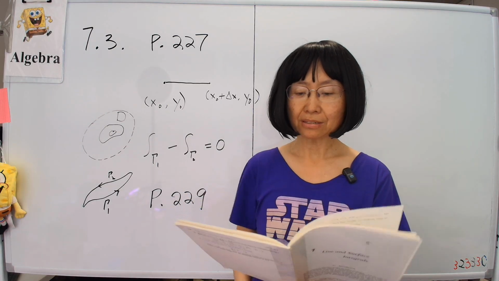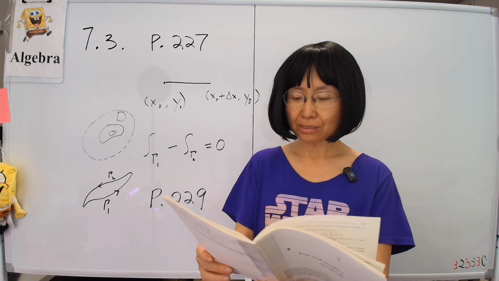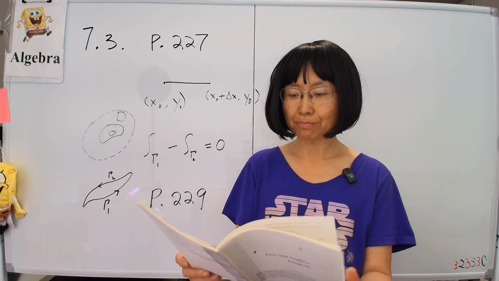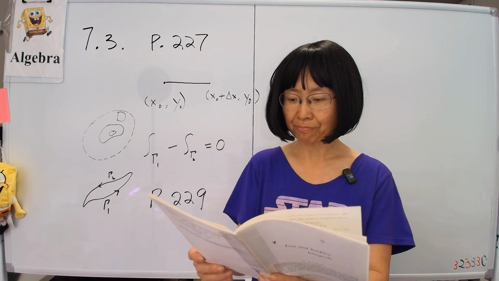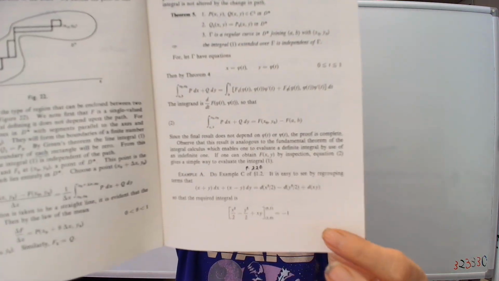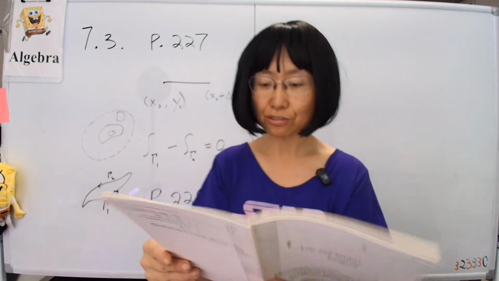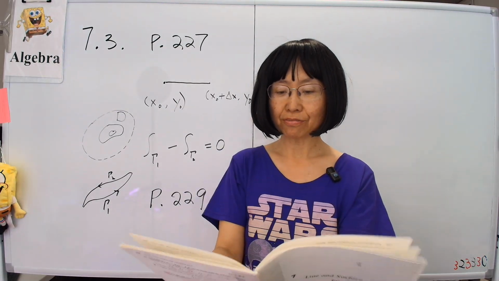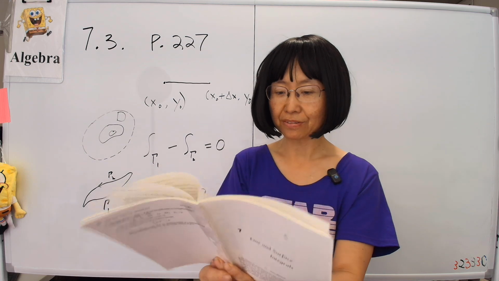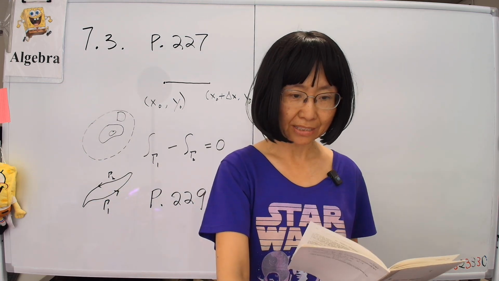Now please look at example A, where we redo example C on page 220. Please do this yourself. This is a demonstration of what we just did, and it's very straightforward. You have to figure out some kind of an antiderivative. So that's example A, and then we'll move on to the next page.